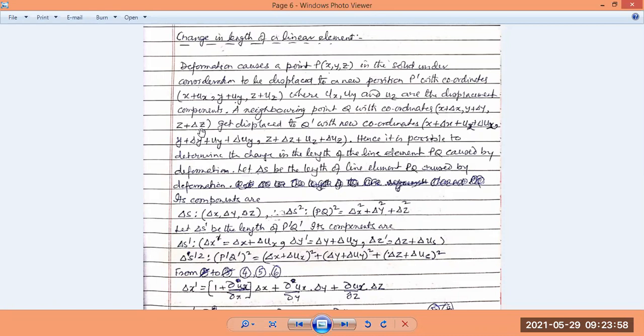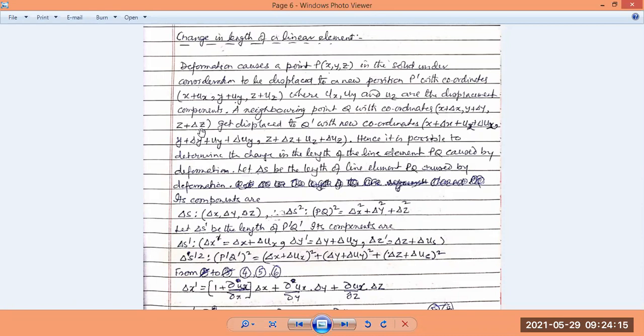Now, as per our earlier discussion, the point Q also changes position to Q dash. So we are getting a linear length PQ, which is changing to a new position P dash Q dash.